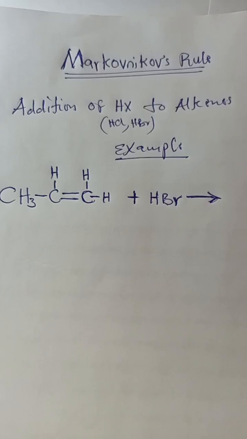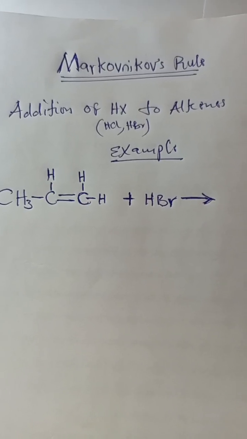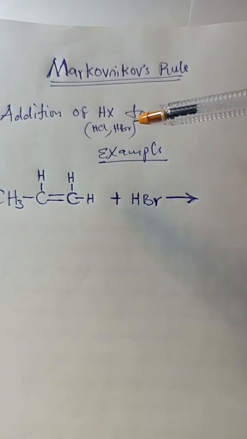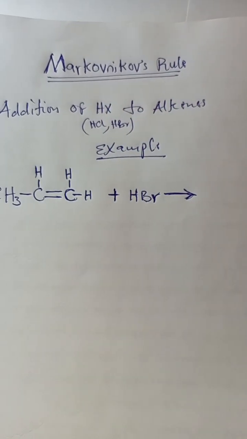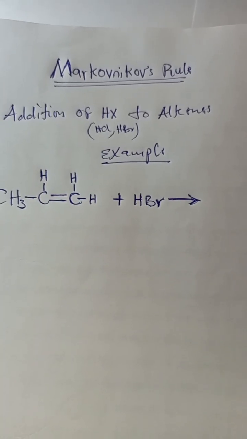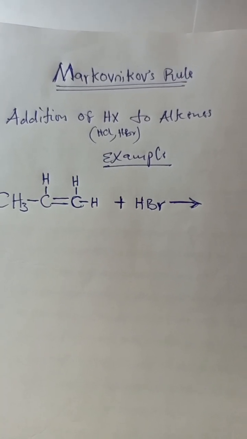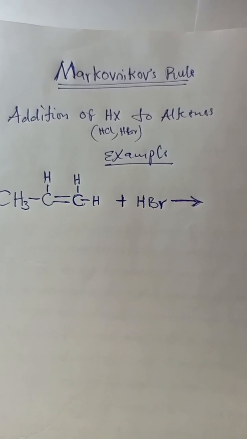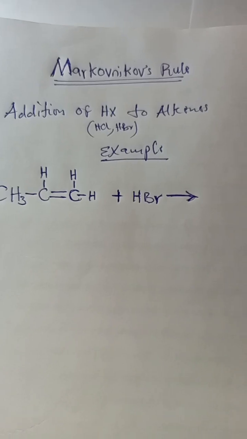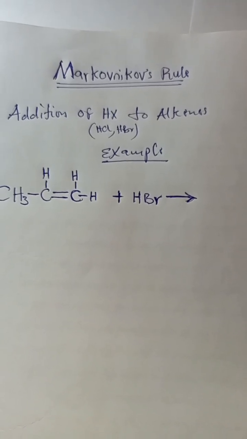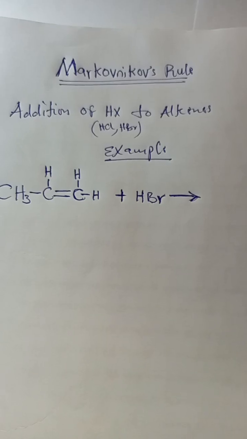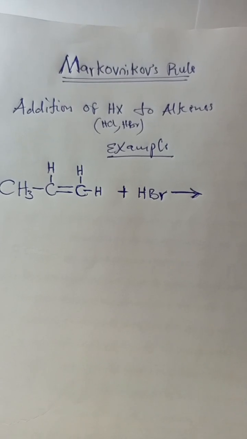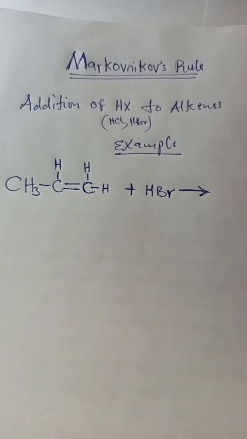The rule says that when a reagent like HX, where HX can stand for hydrogen chloride, hydrogen bromide, generally a hydrogen halide, is added to an unsymmetrical alkene, maybe ethene, propene, butene, etc., the hydrogen goes to the carbon that has more hydrogen already, while the halide, that is the halogen, goes to the carbon with fewer hydrogen.